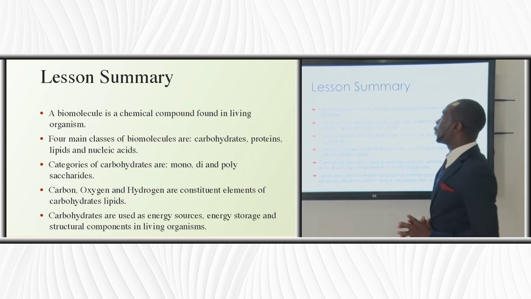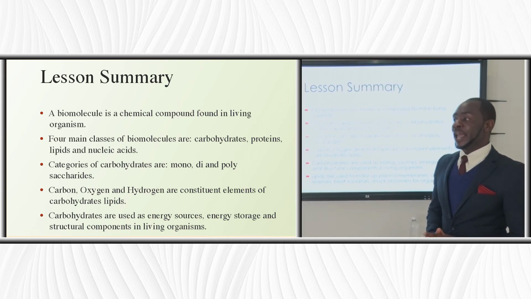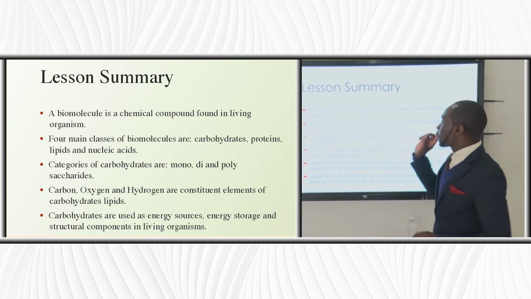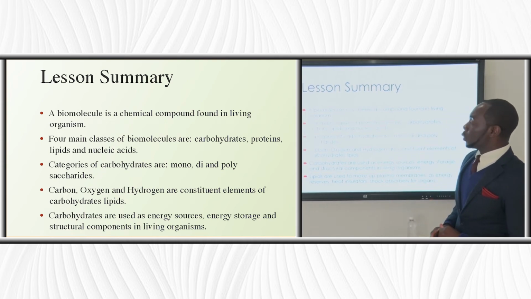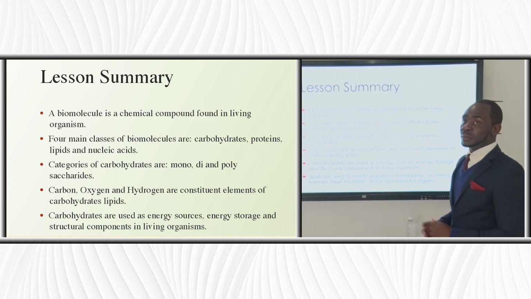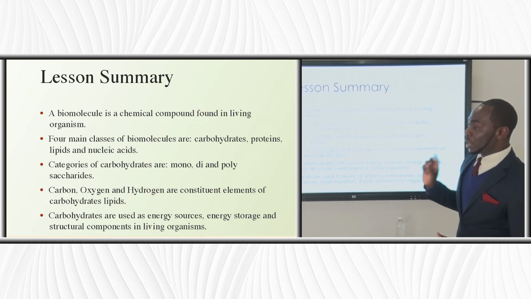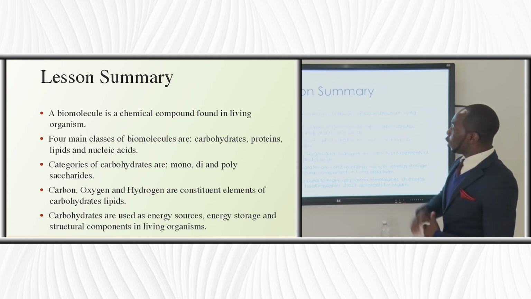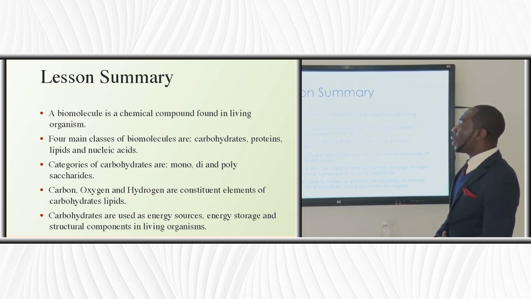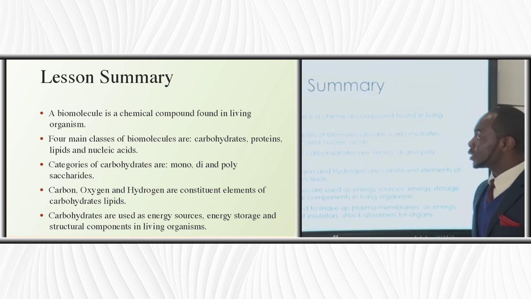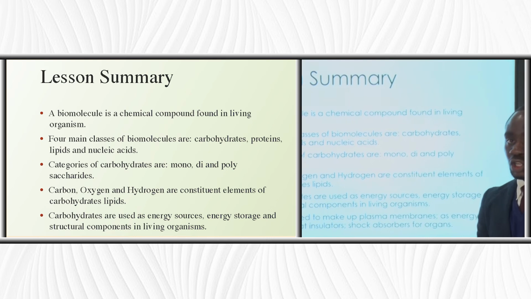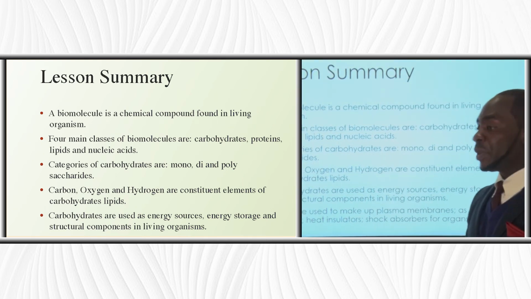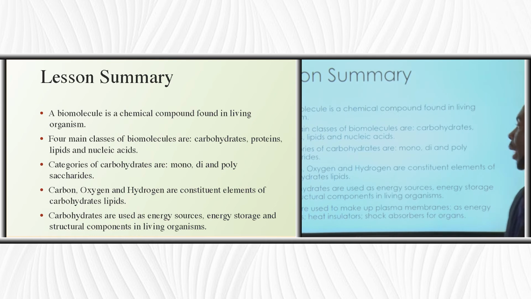Now, let's look at the summary of our lesson as we go to the break. After the break, we will continue looking at more typical exam questions. But before we go to the break, let's quickly go over the lesson summary. A biological molecule is a chemical compound found in living organisms. 4 main classes of biological molecules are carbohydrates, proteins, lipids, and nucleic acids.